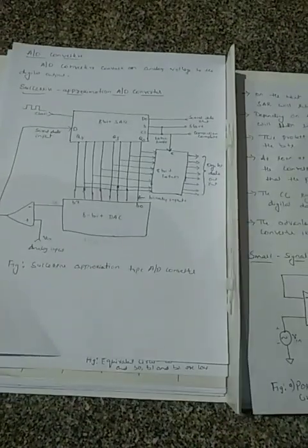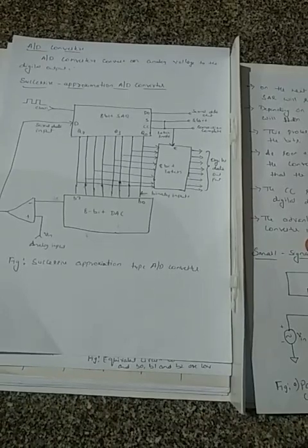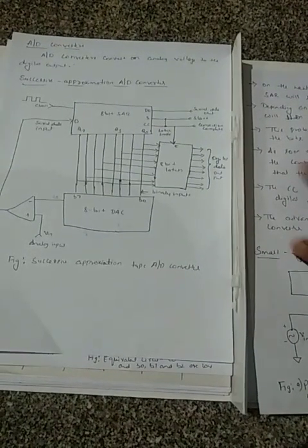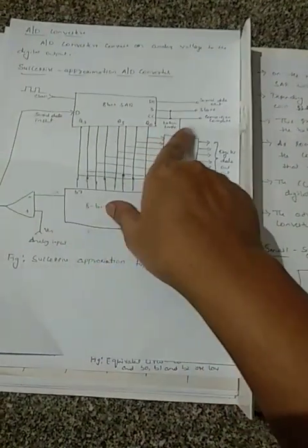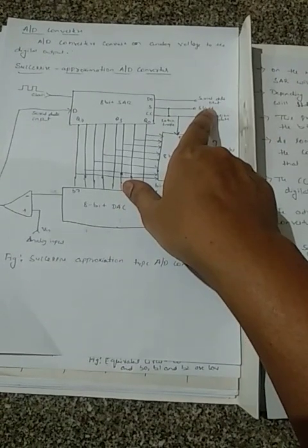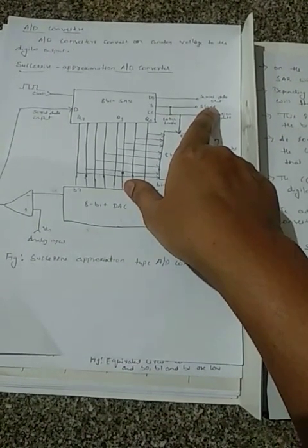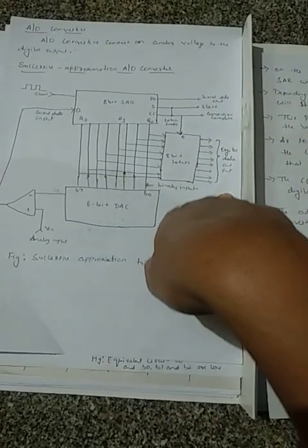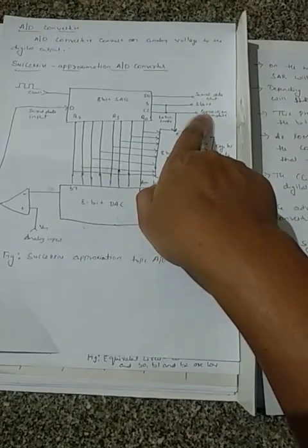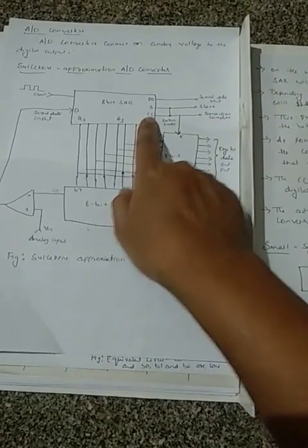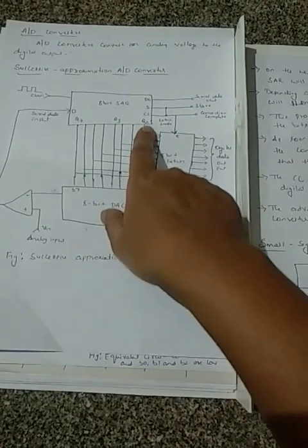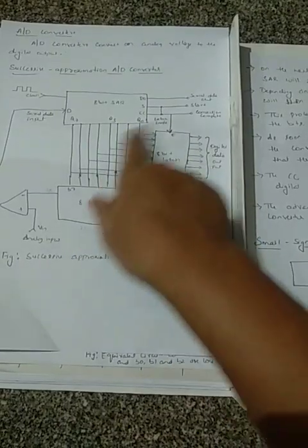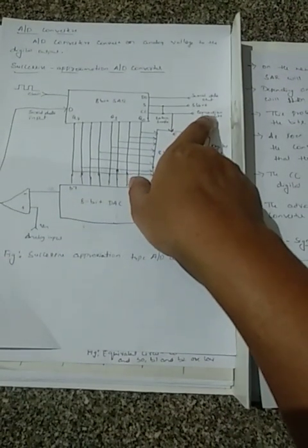As soon as the LSB Q0 is tried, the SAR forces the conversion complete signal high, indicating that the parallel output lines contain valid data. So as soon as the test of the Q0 bit is completed, the conversion complete signal will go high.